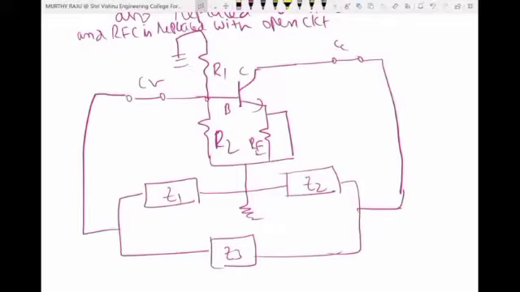The ground is connected to R1. Here, in the emitter terminal, CE is replaced with short circuit for signal analysis. Therefore, RE is equal to 0. Here, in the next circuit, R1 is connected between base and ground, and emitter lead is connected to ground because RE is equal to 0 due to short circuit across RE.